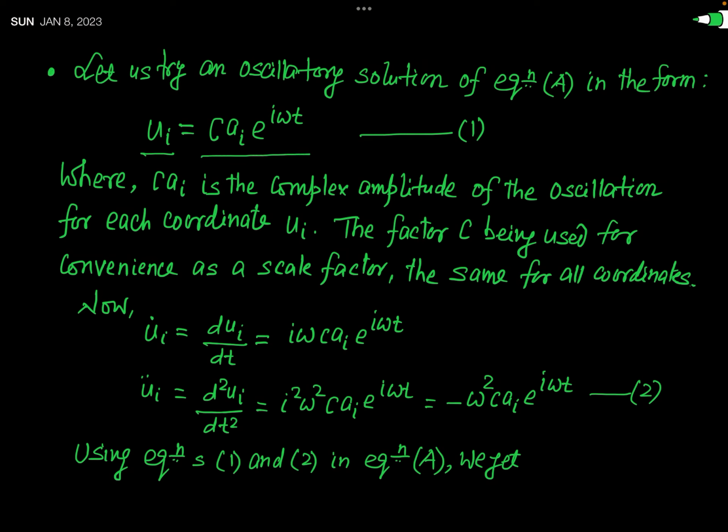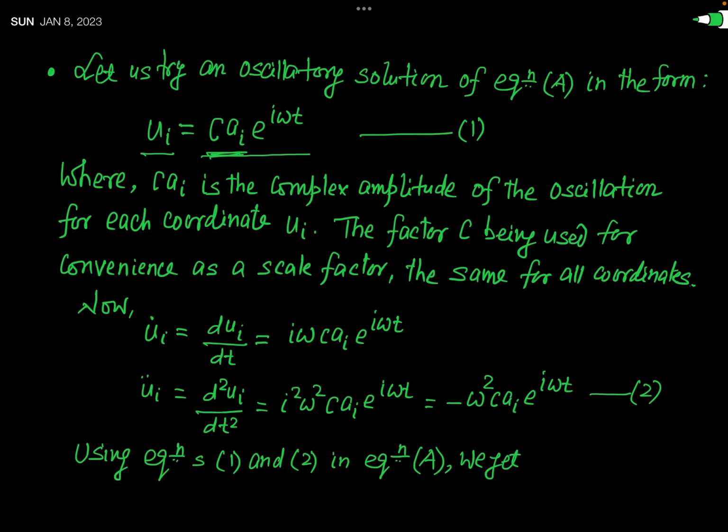In this equation, ui is the coordinate, that is, the displacement of our system from the equilibrium position. You learned these things in the previous lecture. And ai is the complex amplitude of the oscillation.